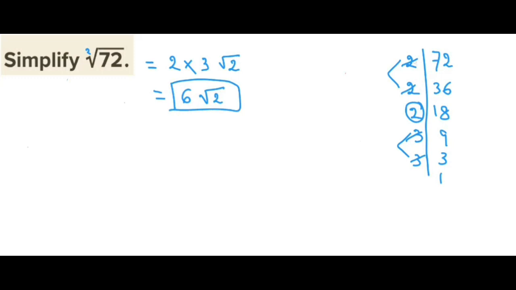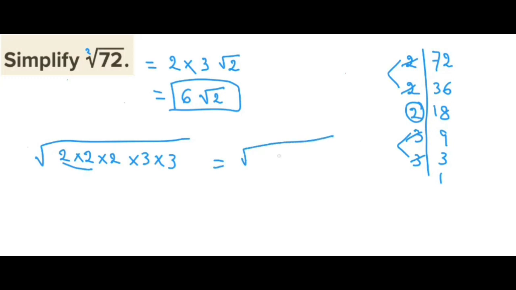So why did I take only one from each two equal factors? Because I'm taking the square root. So this means that, in other words, the 72 is like 2 times 2 times 2 times 3 times 3. So 2 times 2 would be 4 times 2, and 3 times 3 is 9.